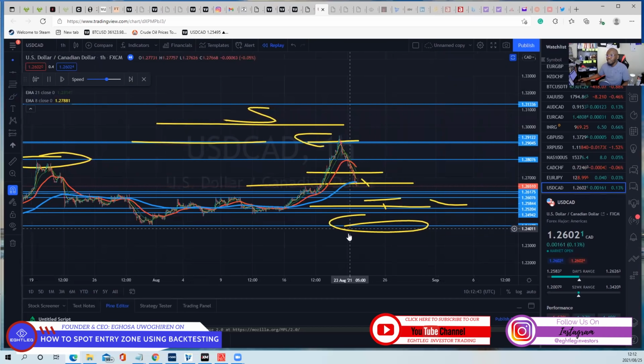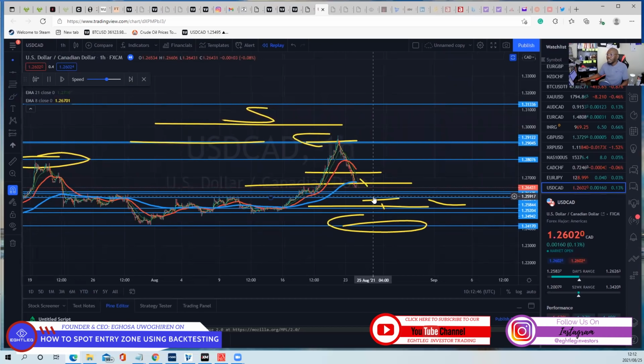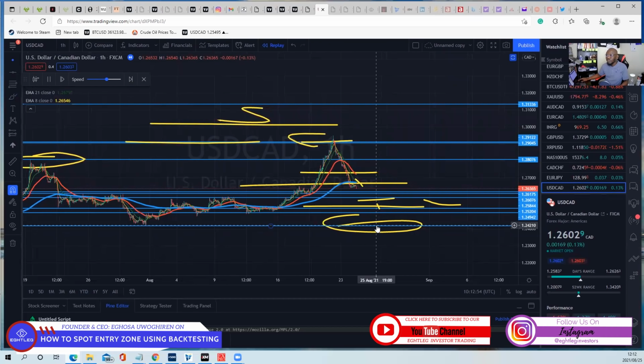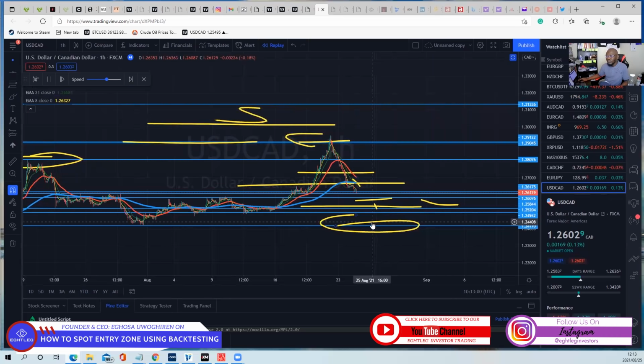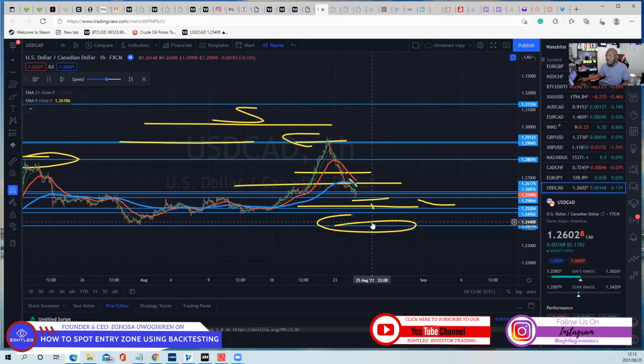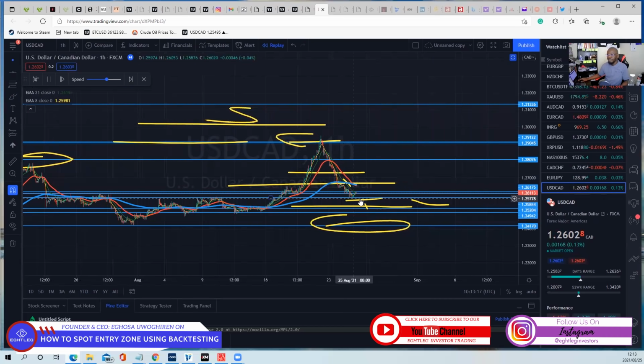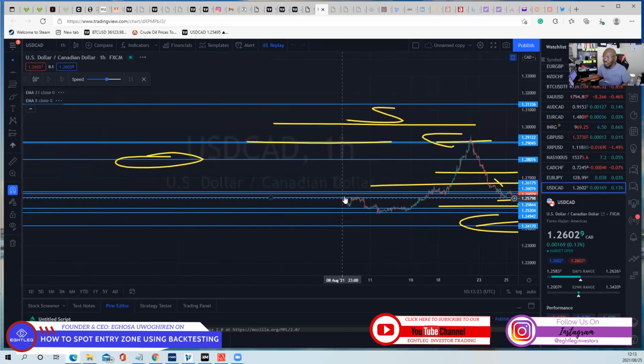These are TP1 entry. Now we saw a rejection at this level, at this line where you saw the line I drew.